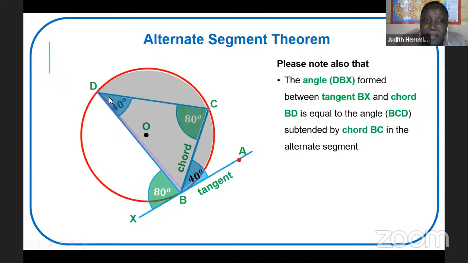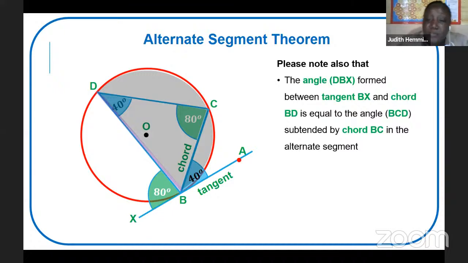That angle is also equal or congruent to the angle in the alternate segment, which is BCD. So it's two pairs of congruent angles you are going to get when you see this formation. And this formation occurs when you have a tangent line and a chord, or in this case, two or three chords that are intersecting or touching the tangent.